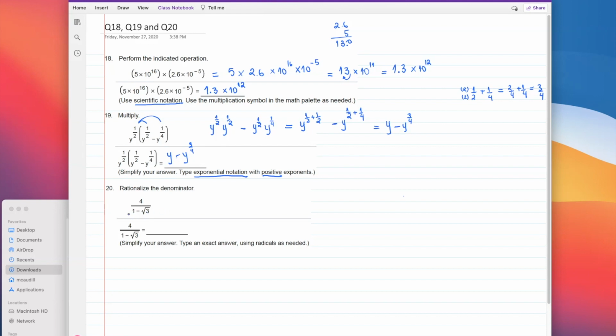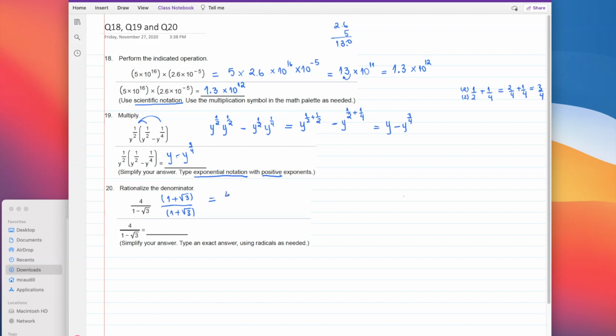For example, here I have 1 minus the square root of 3. If I multiply 1 plus the square root of 3 on the numerator and denominator, I am not modifying the initial expression. I'm just finding an equivalent expression, multiplying numerator and denominator by the same number.